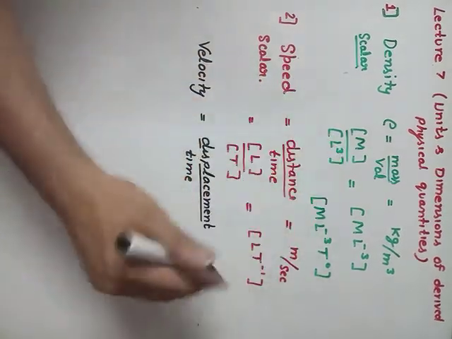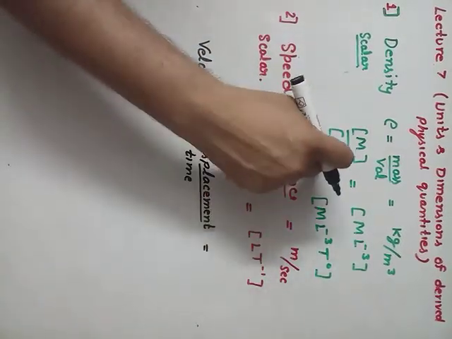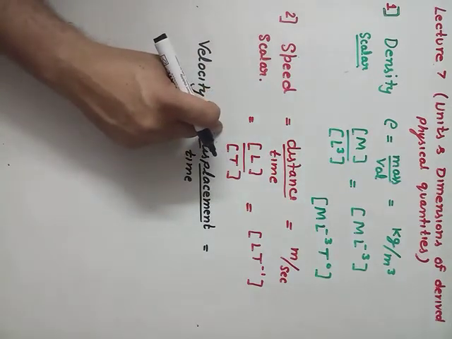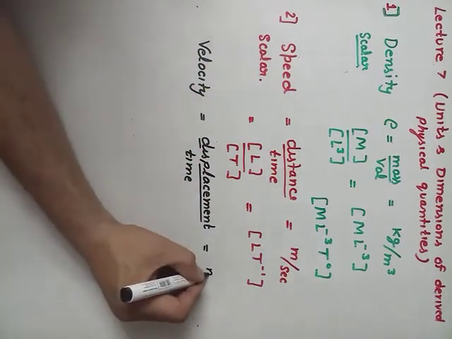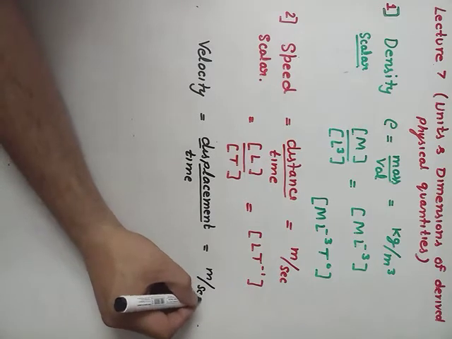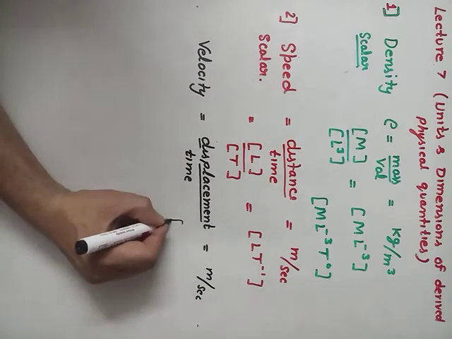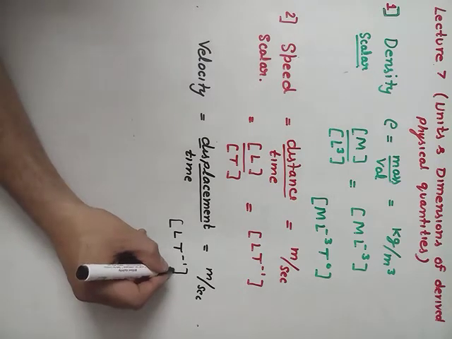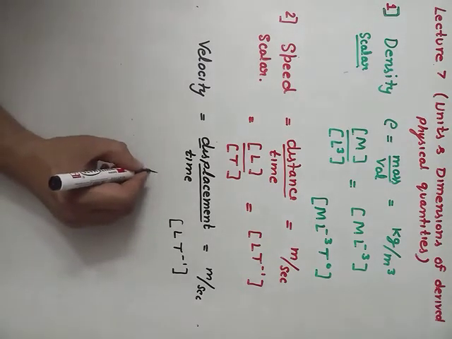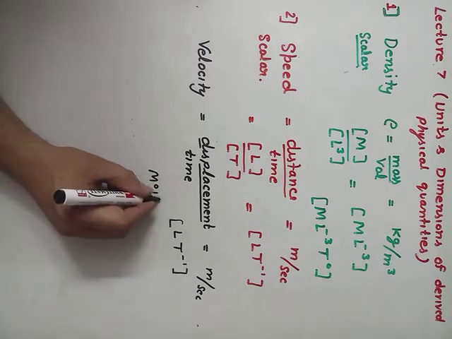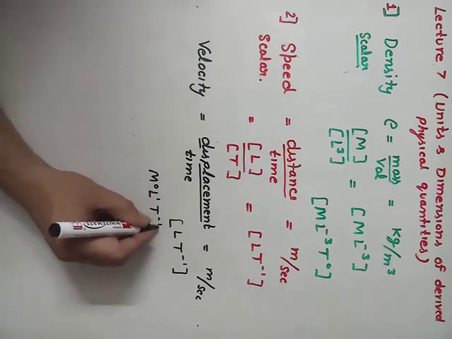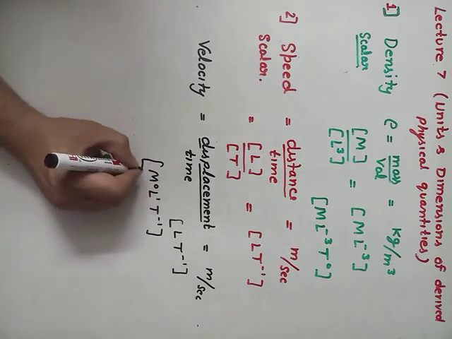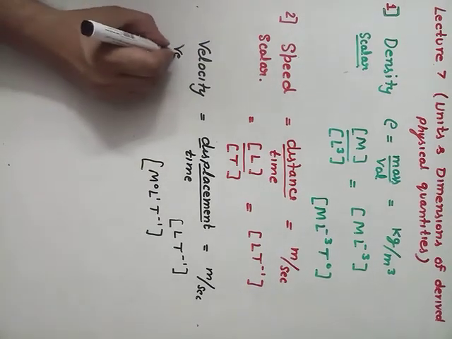Unit of distance and displacement is the same, that is meter, and time is second. That means we get the same dimensions LT^-1, or it can be written as M0 L1 T^-1, and it is a vector quantity.